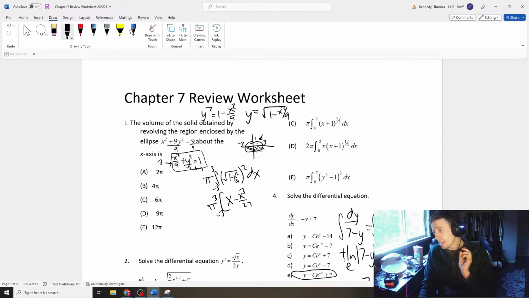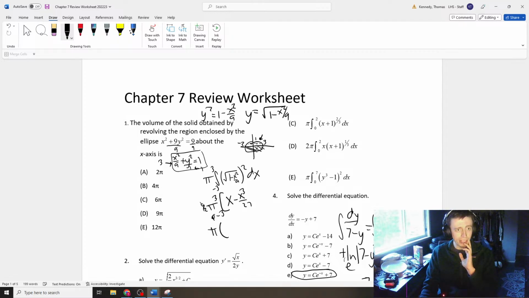And if you're thinking this, you actually could be really lazy here and just integrate from 0 to 3 and multiply by 2. That actually checks out because this thing is perfectly symmetrical on both sides. Just double that. But I'll keep going with the -3 to 3 for funsies.